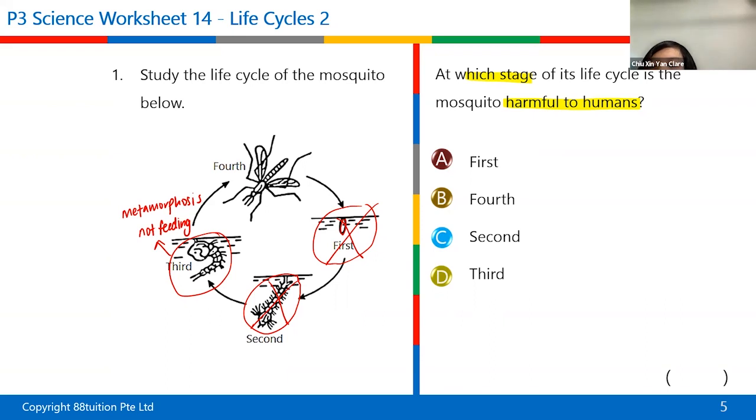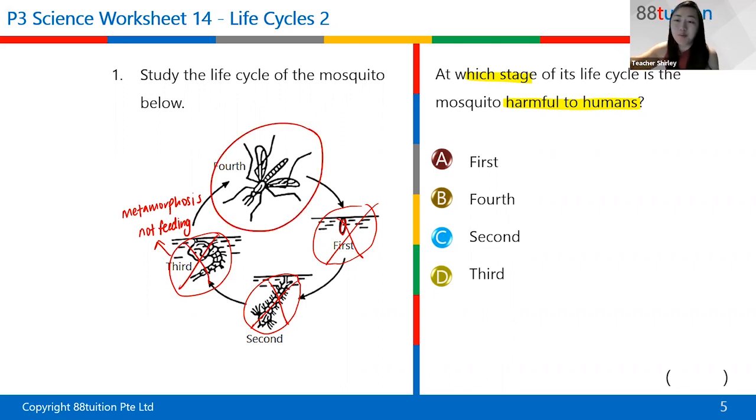So it's not feeding. It's not eating anything. So is it harmful to humans? No. Okay, of course, this stage is the most annoying stage, right? Whenever you see mosquitoes flying around. Okay, so the stage that's harmful will be the 4th stage. The answer is B. Are we okay? Yeah? Okay, now let's move on.